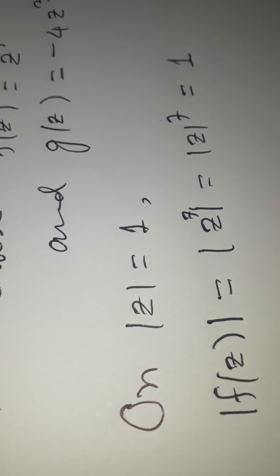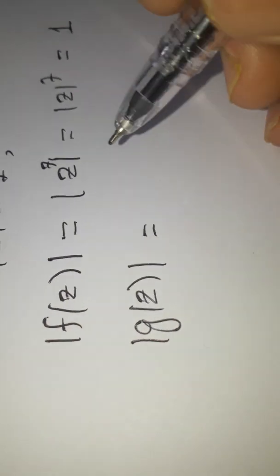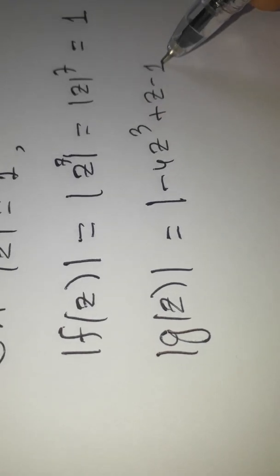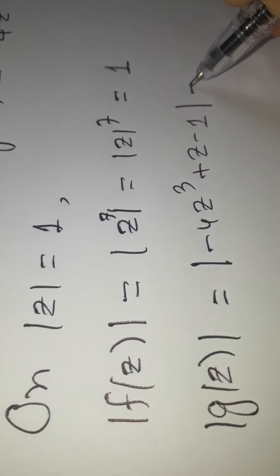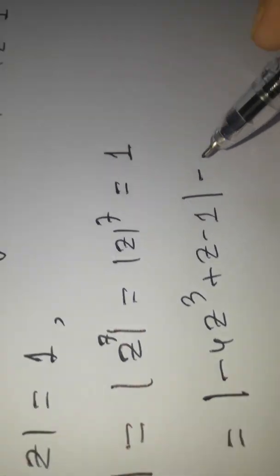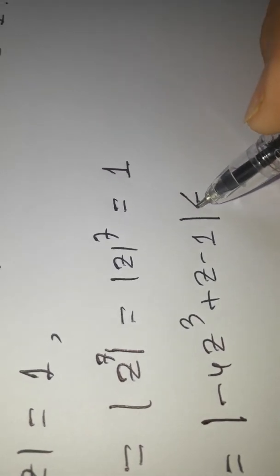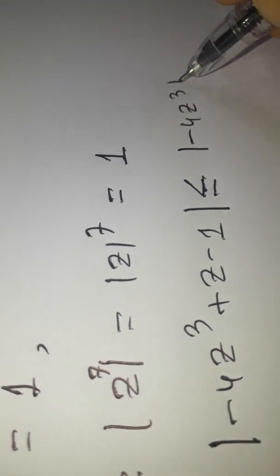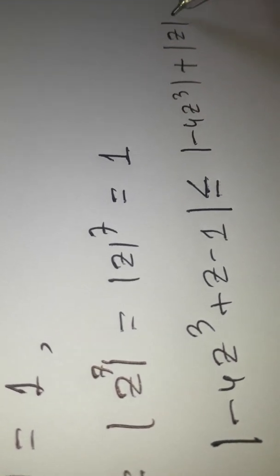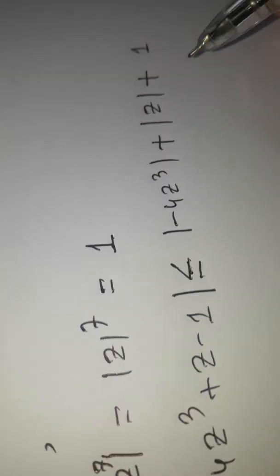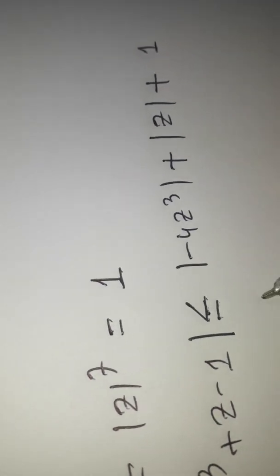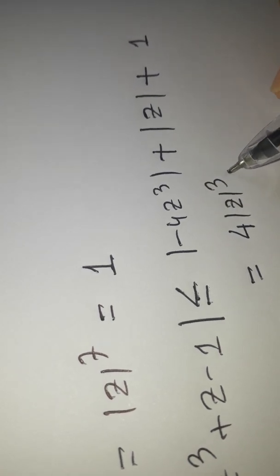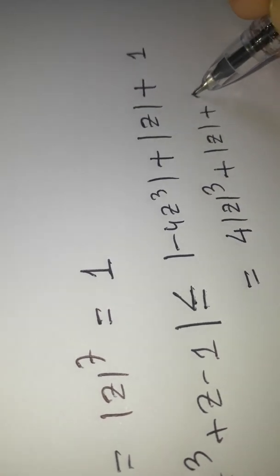And what is g(z)? For g(z) I have minus 4z cube plus z minus 1. Now we have to apply the triangle inequality, so this is at most 4 mod z cube plus mod z plus 1.